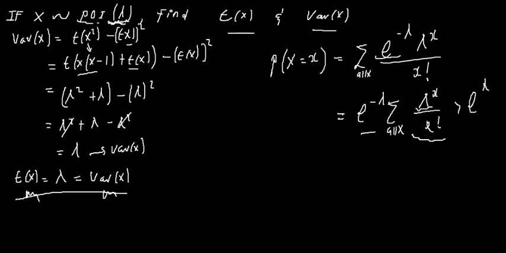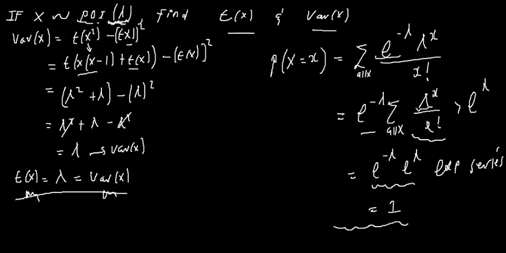So we will have exponential of negative lambda and exponential of lambda, like that. And this, if you recall, is the exponential series, which adds up to 1. And so we have shown that the Poisson distribution sums to 1.